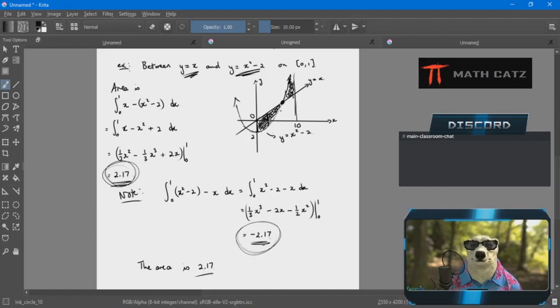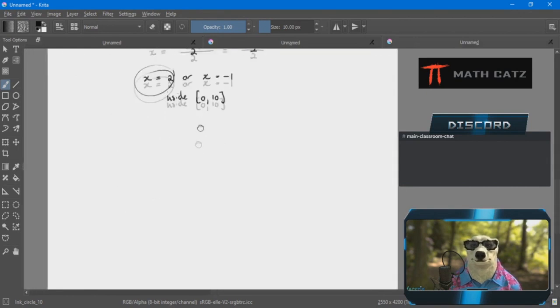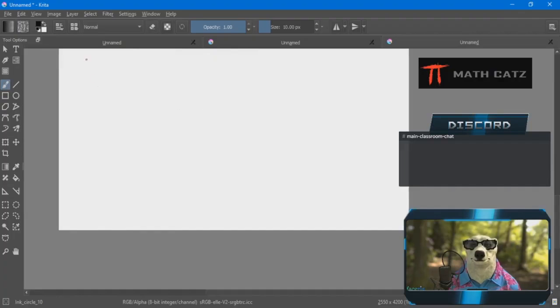They switch places, which means I need to switch as well, or at least I need to separate the integral. I think we can do it here. So that means I need to go 0 to 2, and I need to go 2 to 10.